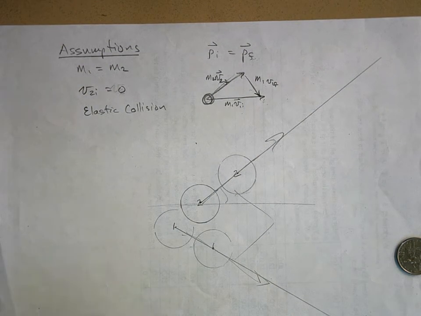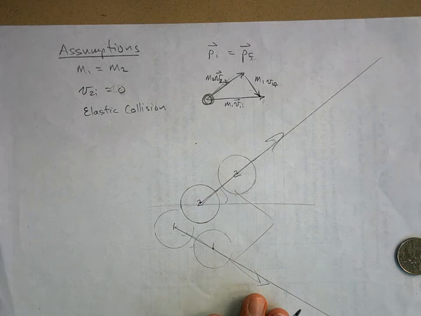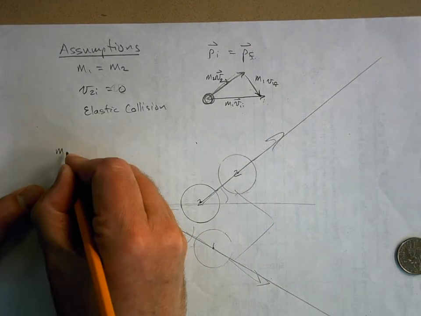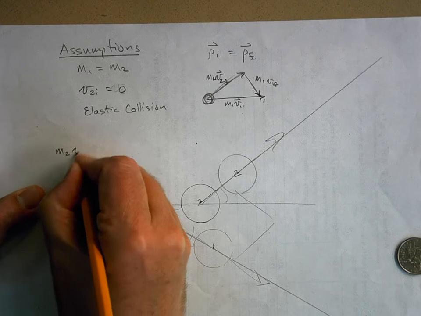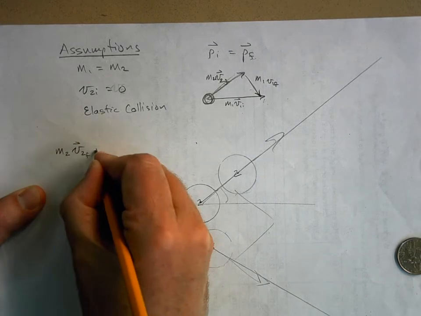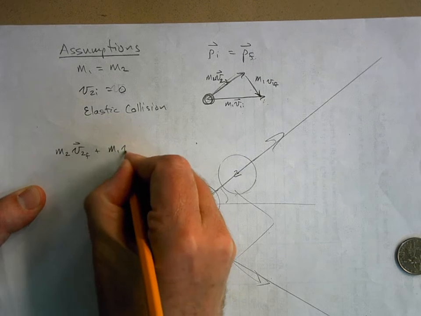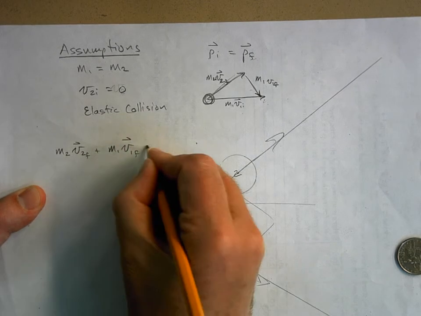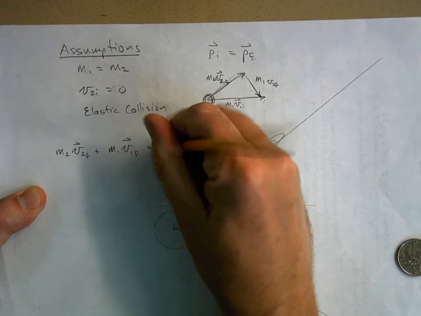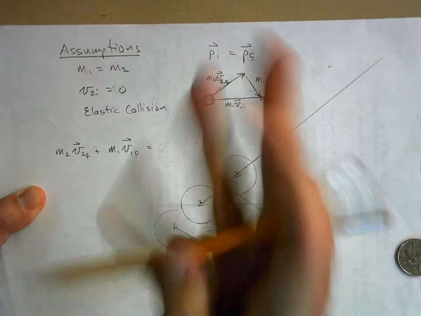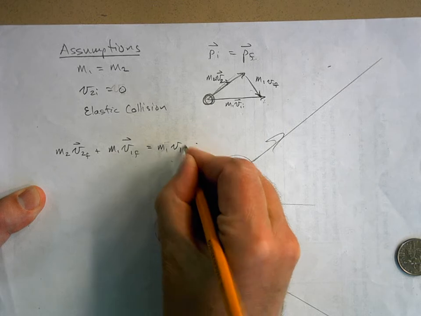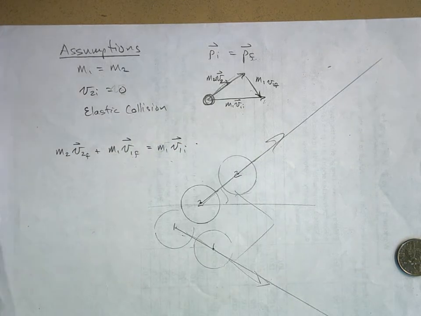All right. So I'm going to write this now as a vector equation. M2 V2 final plus M1 V1 final equals M1 V1 initial. But what's the same?